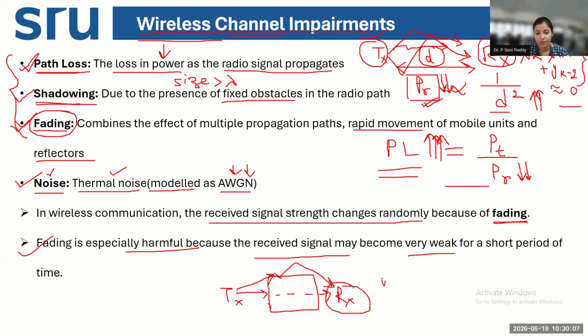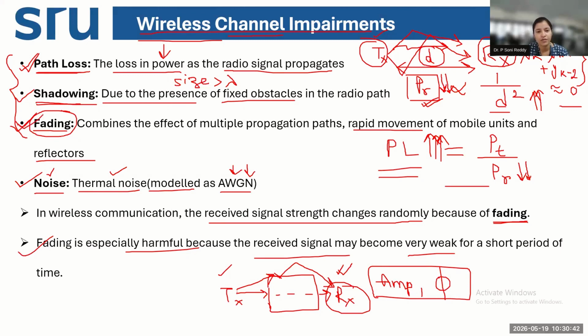So both the amplitude and the phase of the signal are varying. If I'm transmitting one signal, the received signal will be entirely different compared to the transmit signal. This difference between the received signal and the transmit signal is called the fading effect, or it is also called distortion in your wireless propagation channel. So when the receiver is behind a large obstacle, that is called shadowing.